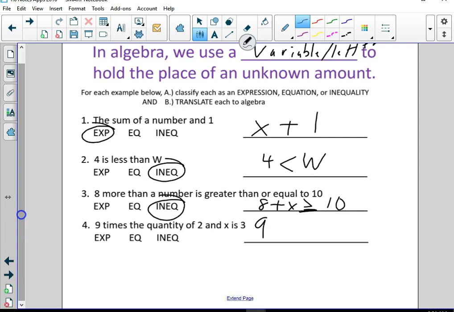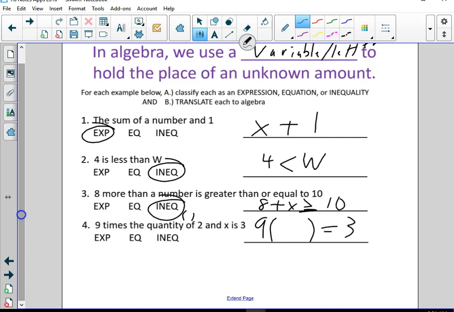9 times. Now, whenever you see the quantity, usually means you're going to want to put parentheses. That word quantity. So 9 times the quantity of 2 and X is 3. Okay? Now, here's the thing. 9 times the quantity of 2 and X. That's kind of vague.